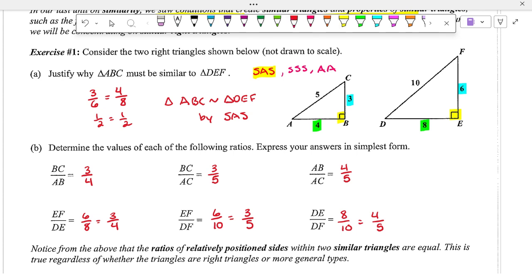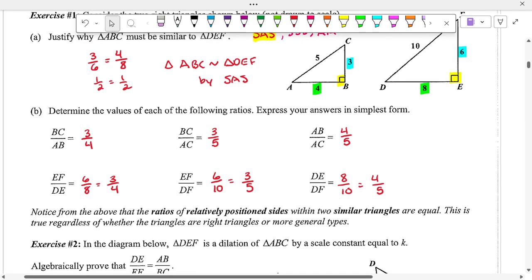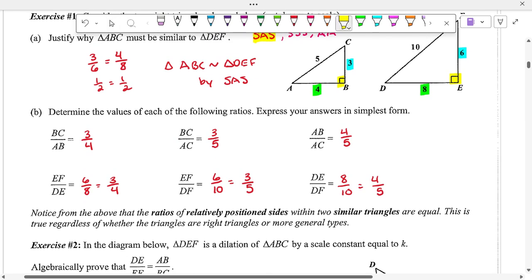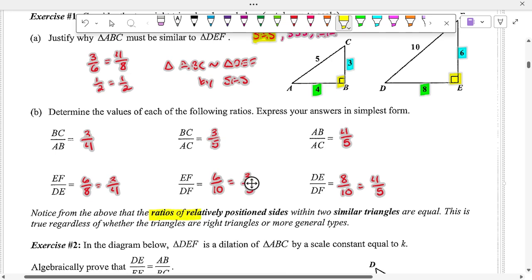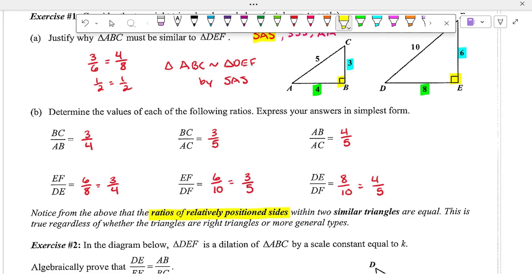Now, if you notice above, the ratios of relatively positioned sides within two similar triangles are equal. Now, of course, this is always true regardless of whether it's a right triangle or any other type of triangle. That's just true in terms of similar triangles.